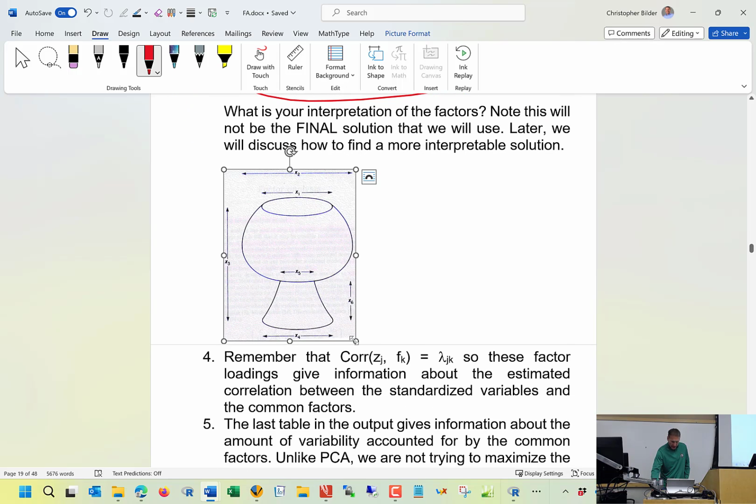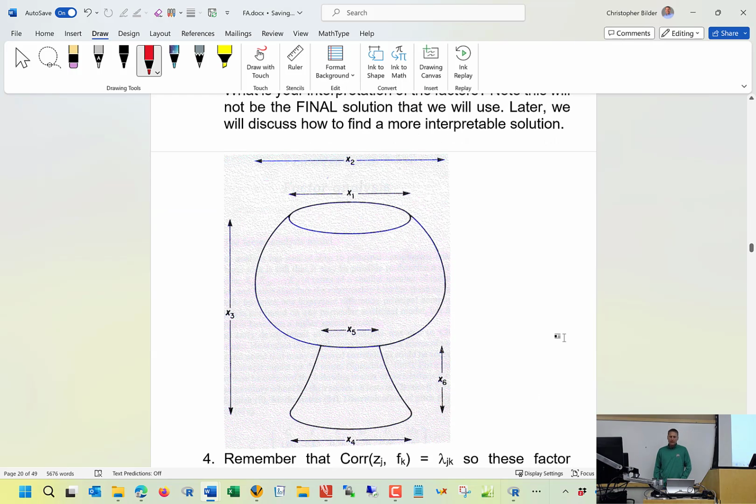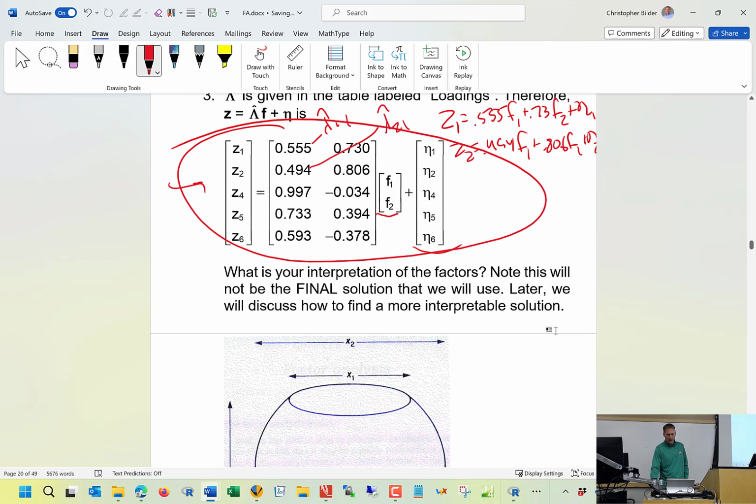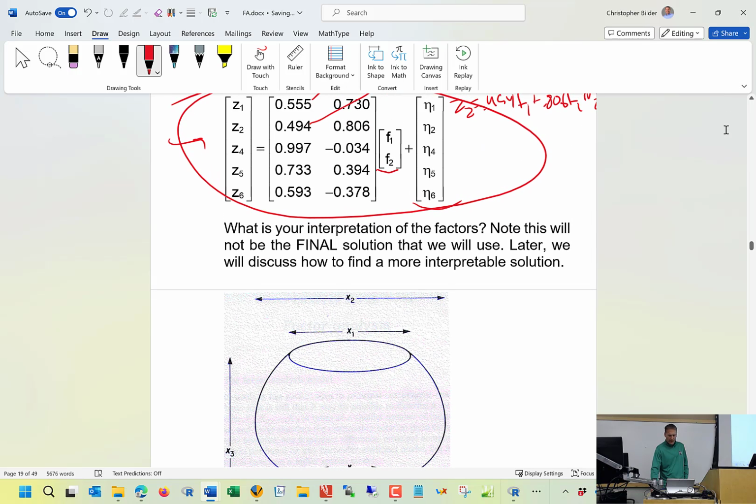Let's actually just blow it up. X4 and X6 are at the bottom of the goblet, and X5 is the connection between the two parts of the goblet. So what would you say then that the first common factor is representing?